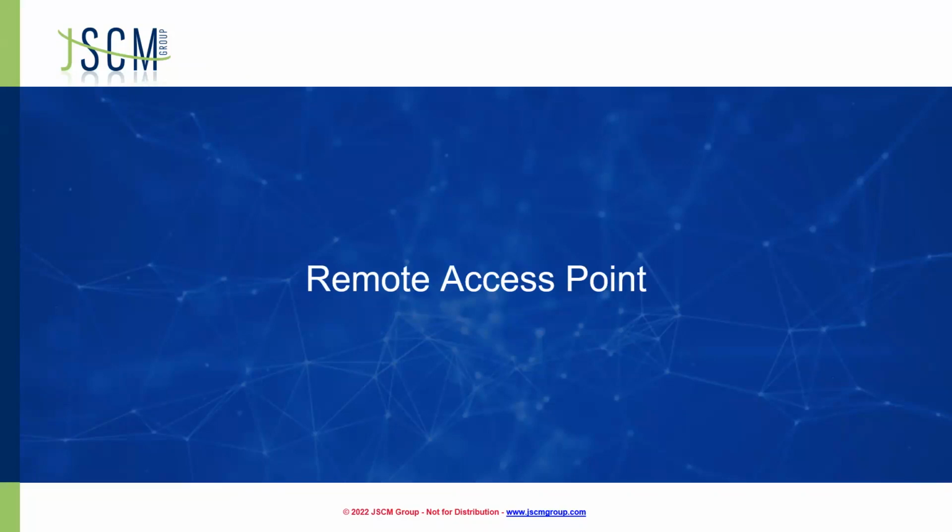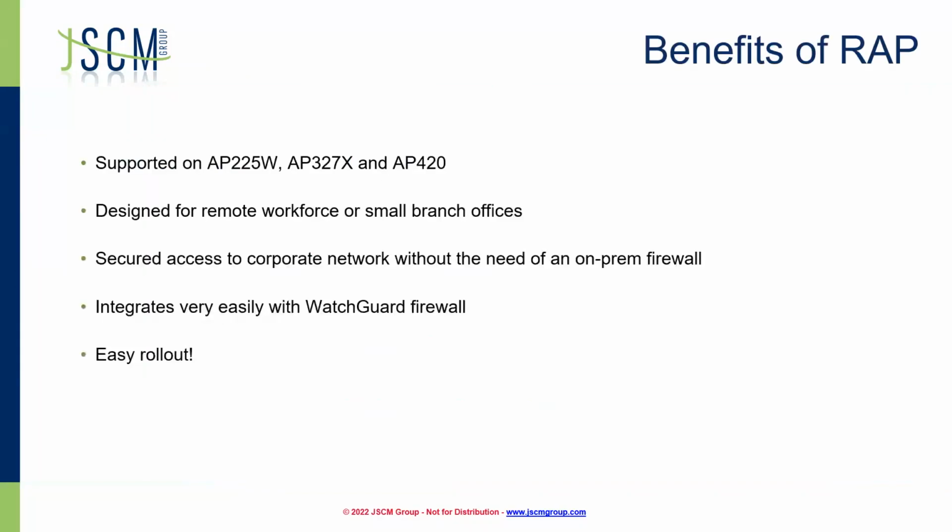So what is a remote access point? This is an access point that you are deploying out to a remote user. Now, in the situation that we're working with, this is for remote individuals working from home, but this could also be something that you're using for a small branch office. It's supported on certain models of WatchGuard APs, the AP225W, the AP327X, and the AP420.